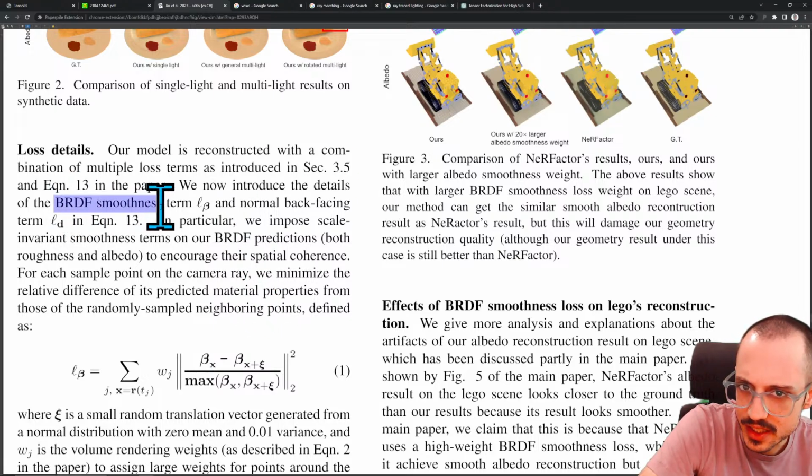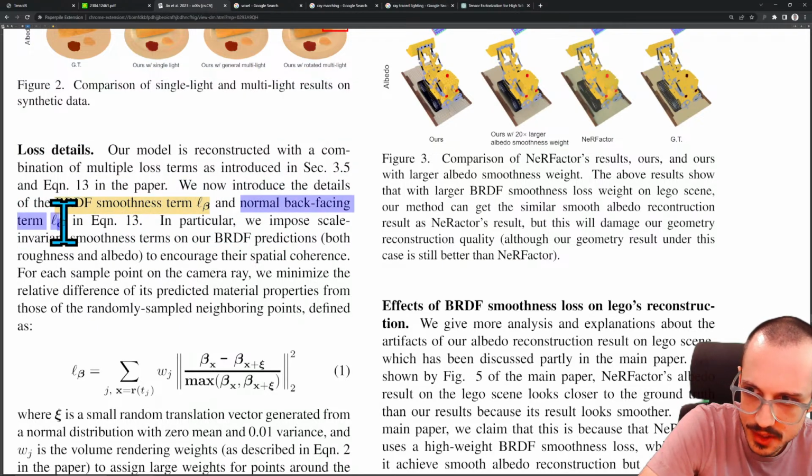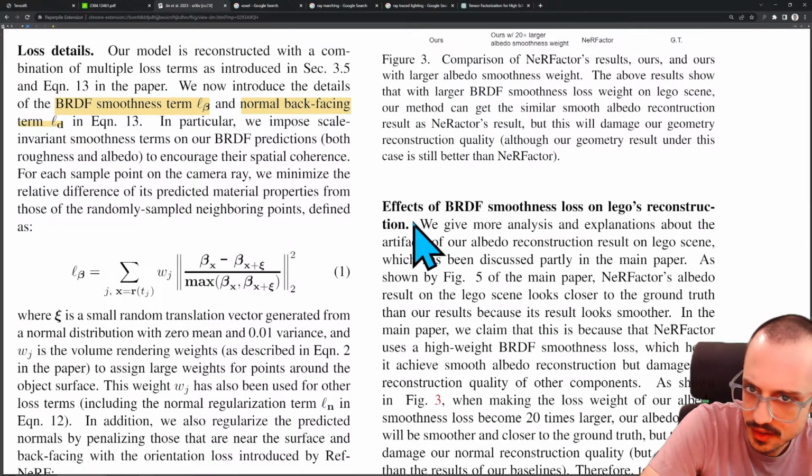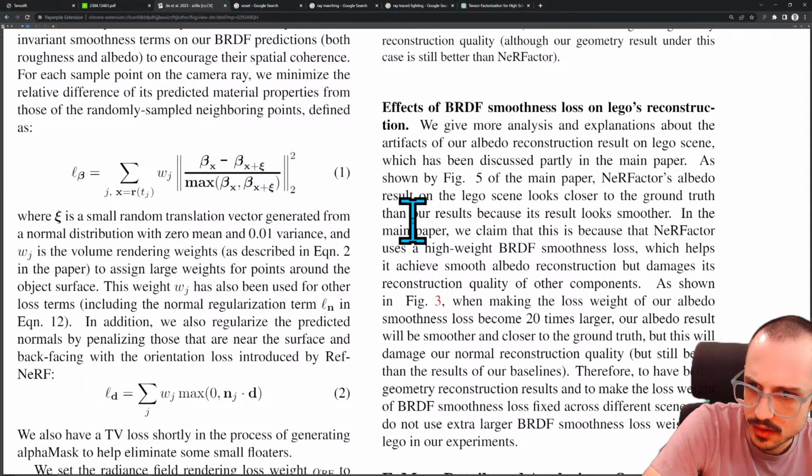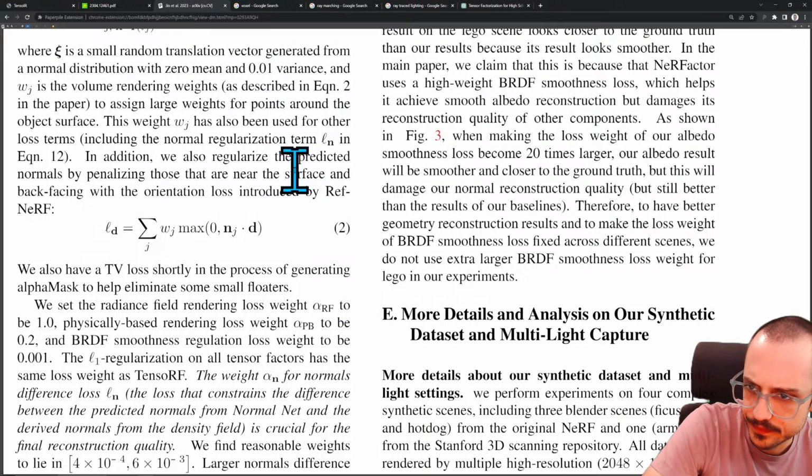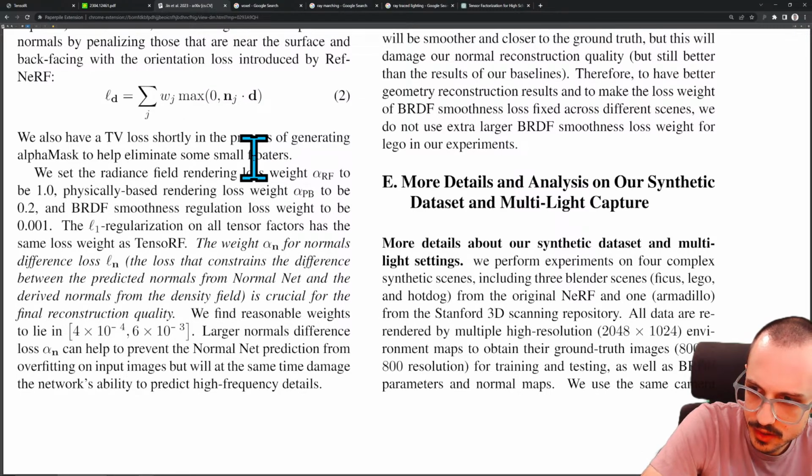This is the BRDF smoothness term, and then the back-facing normal term. So these are the two regularization losses. Lots of different little tricks here. I like how they tell you everything too.